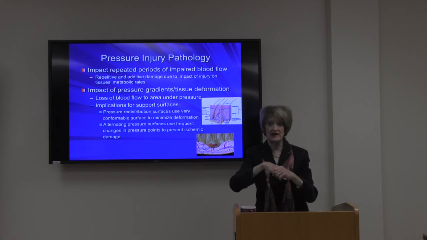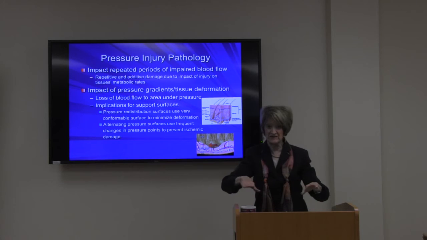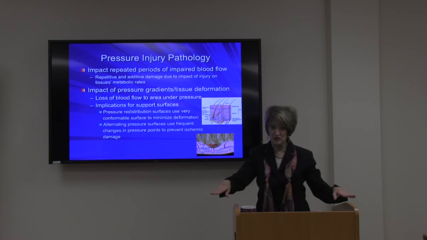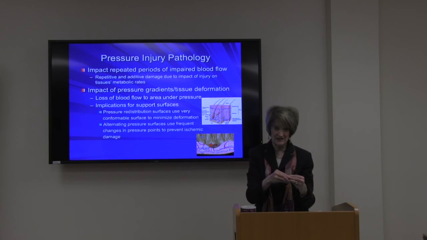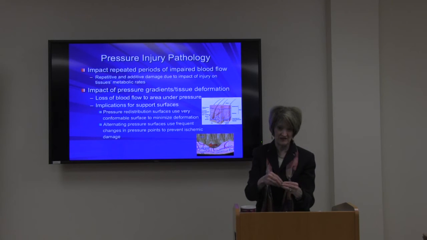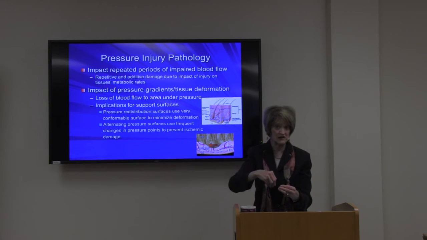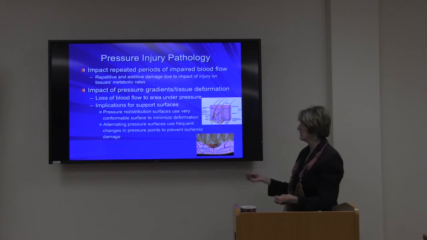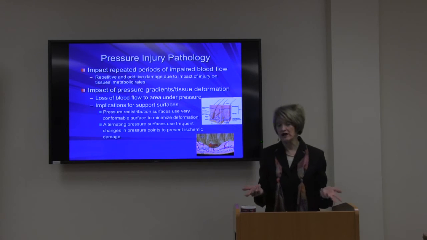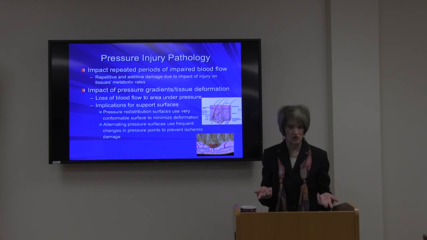So you can see the advantage of having a surface that very evenly distributes the pressures. It eliminates or minimizes the effects of soft tissue deformation, eliminates or minimizes those high pressure points that can so rapidly cause ischemia. What about alternating pressure surfaces? How do they work?